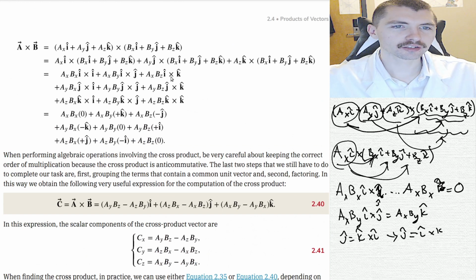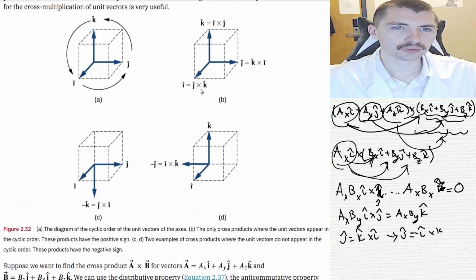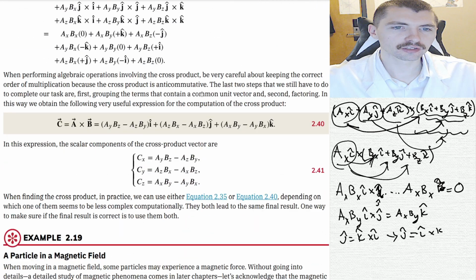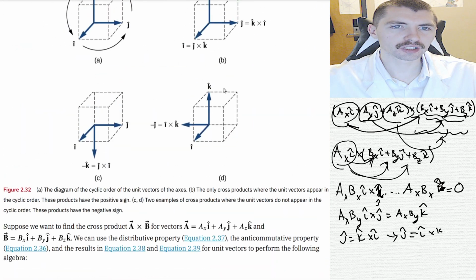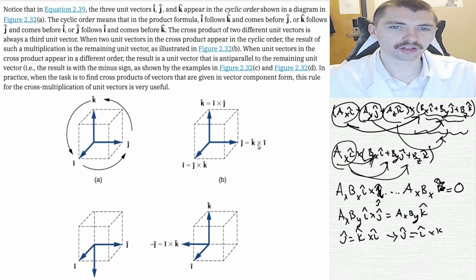I cross K here should be J. We're taking I times I cross K. So none of these are I cross K. But we know J can be I cross K. So if we divide by 1, negative J hat could be I. I don't know if I can do that actually.